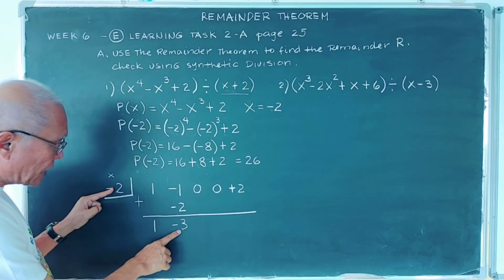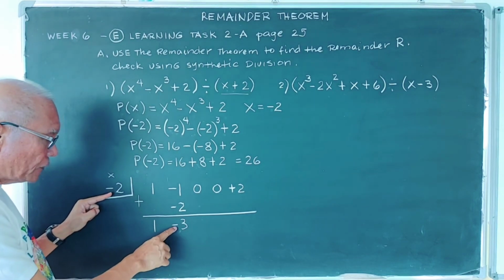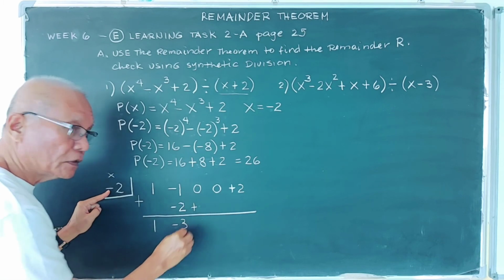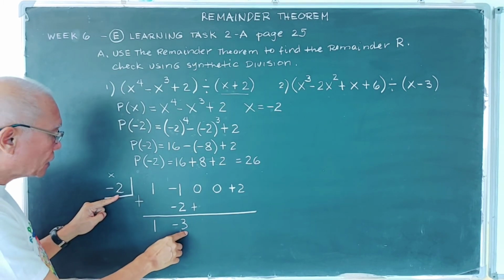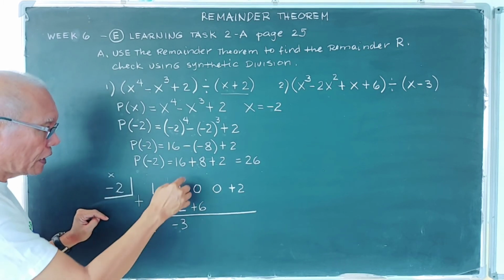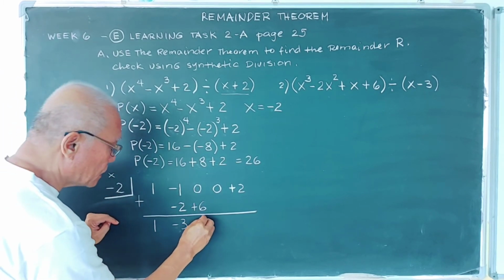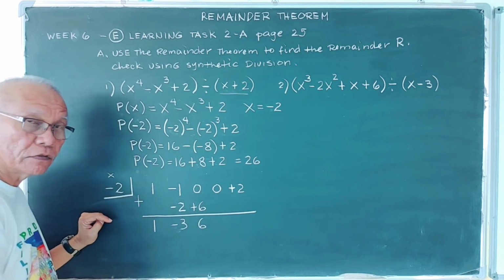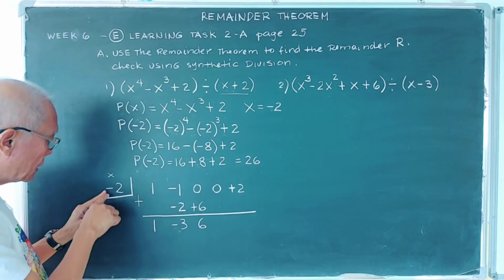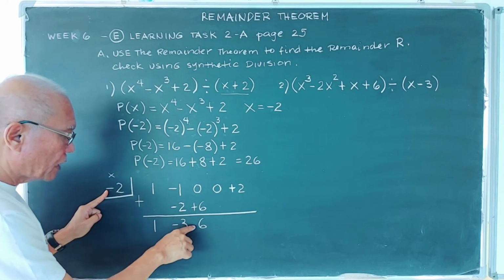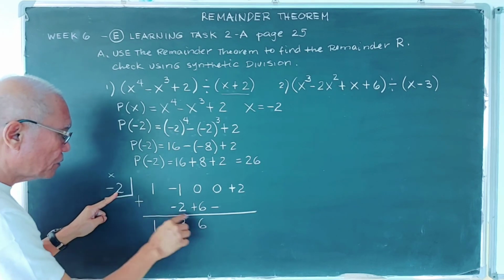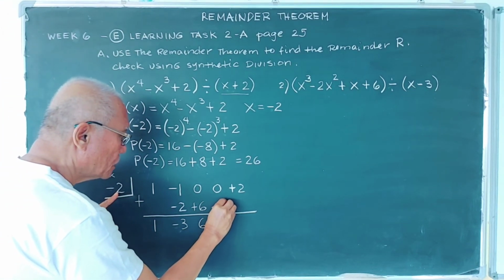And then, times na naman tayo para ilagay dito. Negative times negative ay positive. Sign muna. 3 times 2 ay 6. Then, add natin. 0 plus 6 ay 6. Positive. And then, dito, magta-times na naman tayo. Sign muna. Negative times positive ay negative. And then, 2 times 6 ay 12.